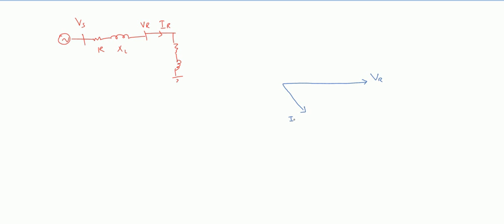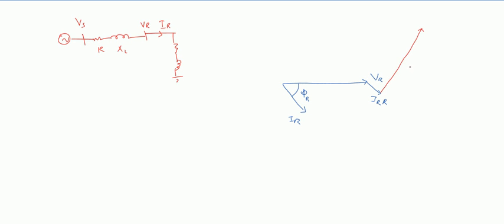This is IR, and this angle is the receiving end power factor angle. Due to the resistance, there will be some drop of IR times R, and due to the inductance part, there will be some drop due to inductance.